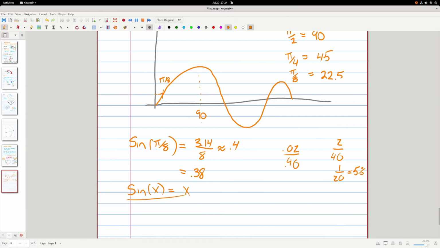Now this approximation, the first time I saw it, I thought, okay, cool, I can use this for like 1 degree or less, right? But a lot of approximations that you can come across involving trigonometry work really well for surprisingly large theta. So sine of x equal x works really well, almost up to like 40 degrees, which is why I picked pi by 8.